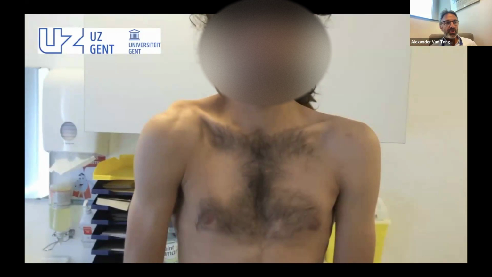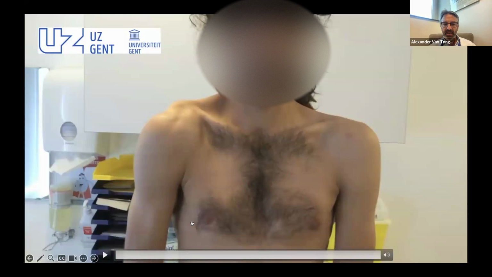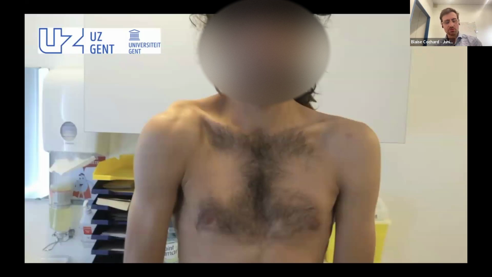So maybe to the junior members, how would you evaluate this patient? Do you have enough information already? Do you want me to have extra things? How do you evaluate this patient when he's coming to your clinic? So at this point, I will just perform an X-ray just to be sure it's not a fracture sequela, it's just a proper ligamentous lesion.